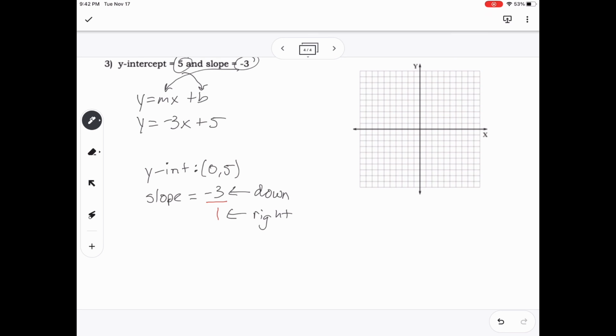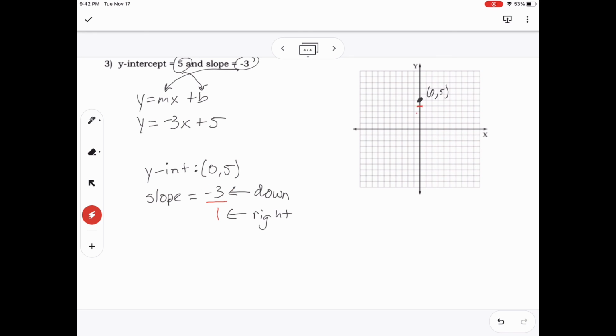Okay, so starting at the origin, I go up 5. So 1, 2, 3, 4, 5 gets me to 0, 5. And then the next part I go down 3.